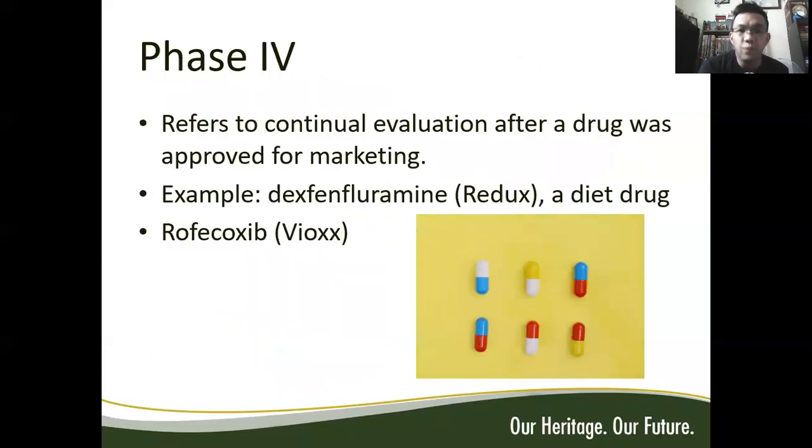And phase 4 now, this refers to the continual evaluation after the drug was approved for marketing.